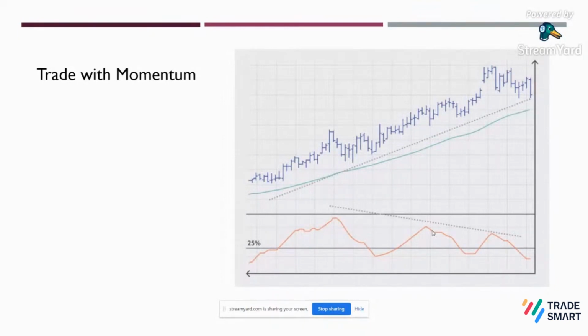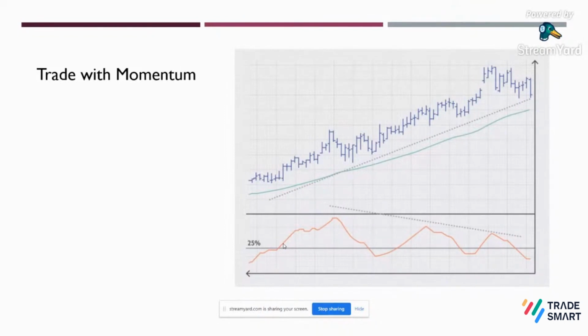Let's say we can see from the chart, as soon as here the line crossed the 25 level, and you can see from the bar that it is making a significant price movement. So we can wait for another bar, and if it goes in the same direction, then we can take entry over there. So it confirms the strength of the trend.